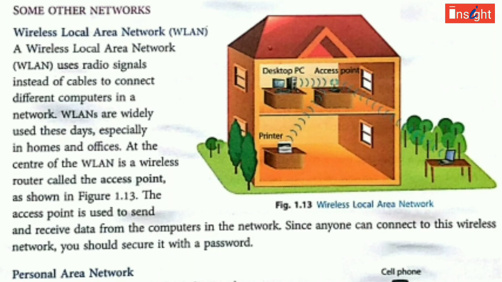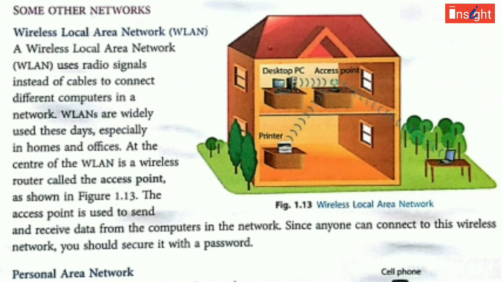Now let us see what is a WLAN, wireless local area network. A wireless local area network uses radio signals instead of cables to connect different computers in a network. These networks are widely used these days, especially in homes and offices.